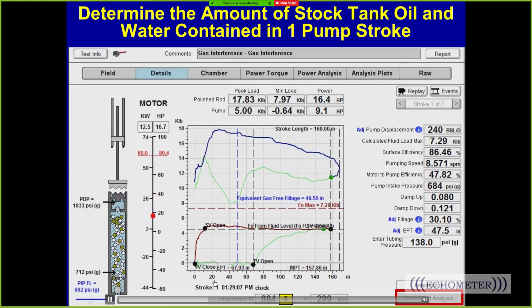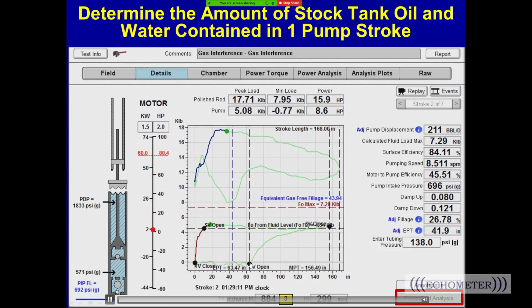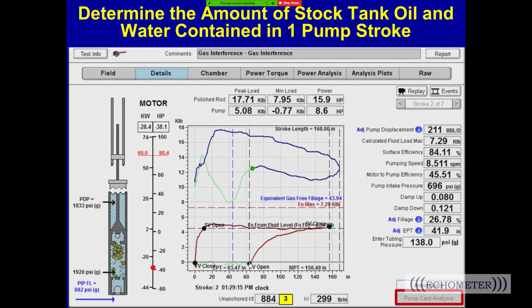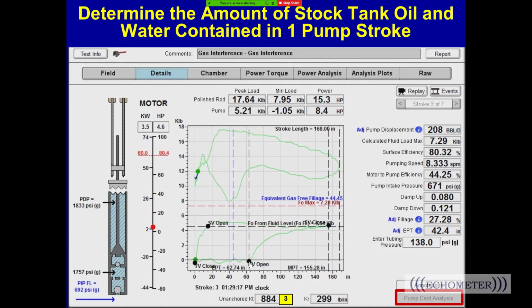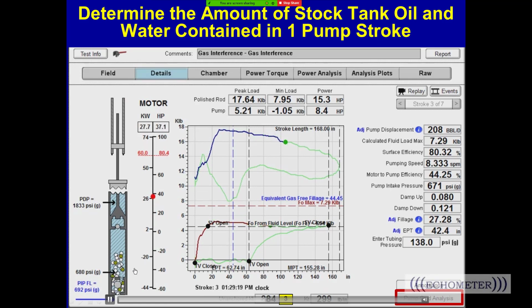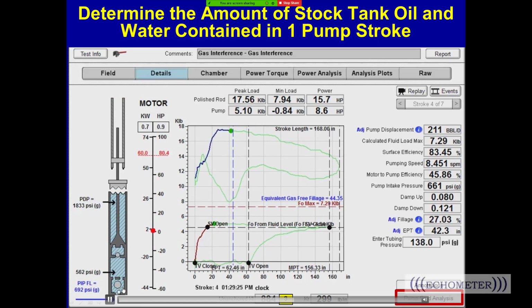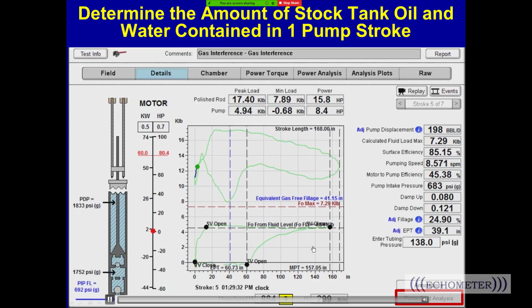So here the trailing valve is opened, and that corresponds to this point right here on the pump card where the trailing valve opens due to having the pressure inside the pump chamber greater than the discharge pressure above the plunger. And now we're lifting fluid with a closed trailing valve. At that point, the trailing valve closes, and you can see the well fluids enter the pump chamber. The ratio of these fluids is supposed to be proportional to the pressure. And so the pressure here at this point is intake pressure.